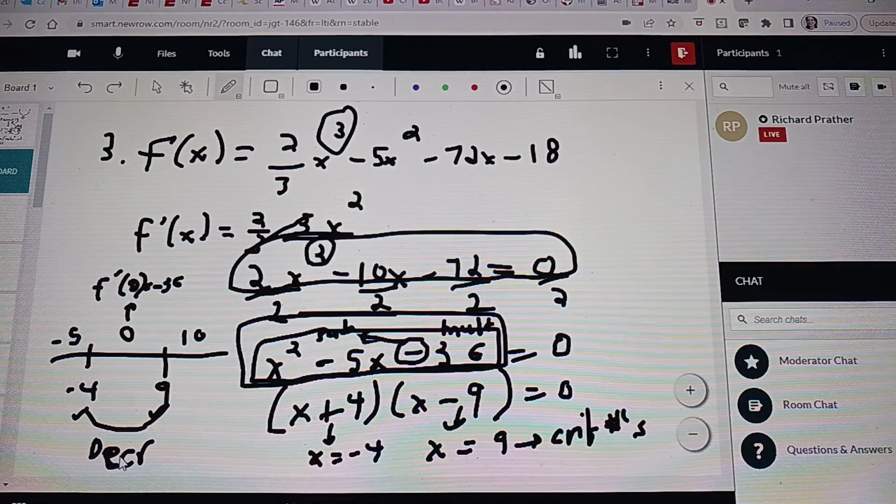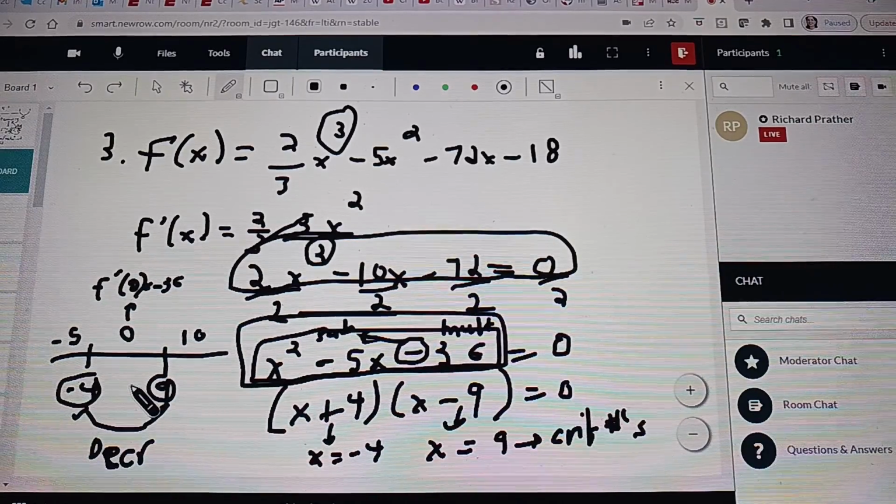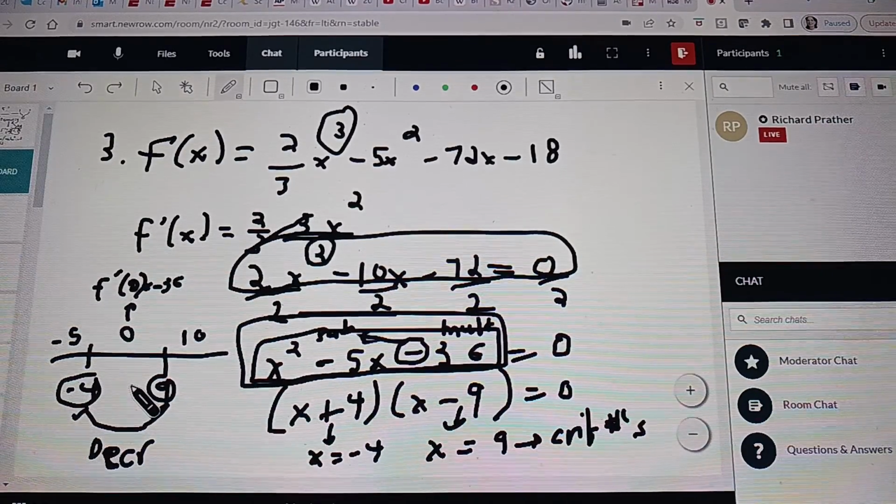So that's why these are called critical numbers. Only at negative 4 and 9 is it 0. So once I go past negative 4 into negative 3, negative 2, negative 1, any number that I check there, if it's negative there, it's going to be negative in the entire time between negative 4 and 9, because the only chance it has to change to positive is to go past 9, another spot where it's 0.